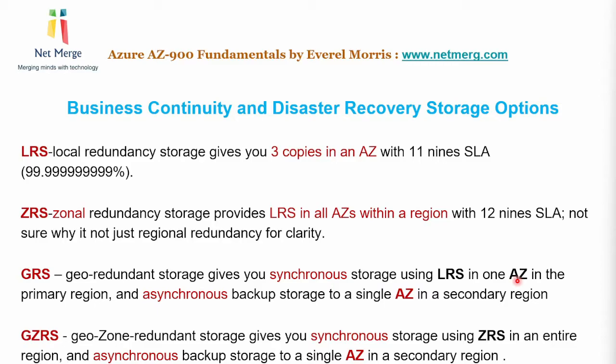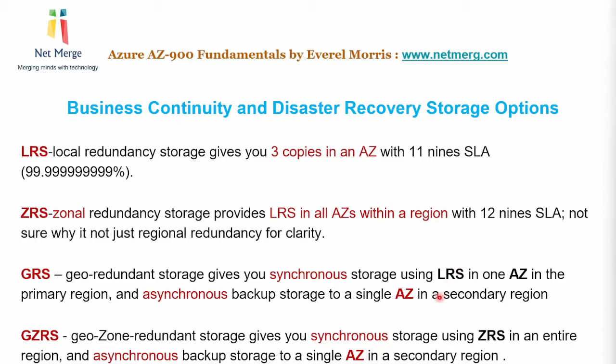Now we're talking about region replication. Stay with me. Now in the secondary region, you get asynchronous backup, which is delayed backup on a single AZ in the secondary region. So GRS is giving you 3 copies in the primary region real time, and in the secondary region at a delayed pace, but you're getting 3 copies in one AZ in each region.